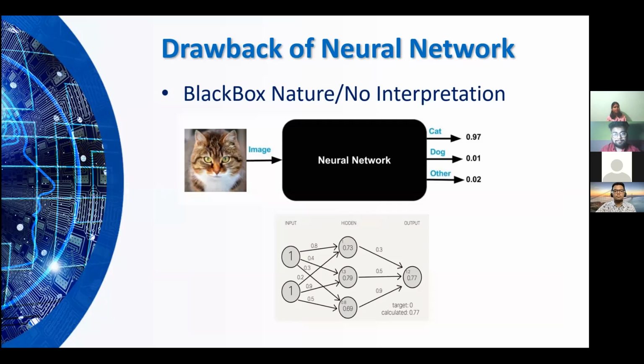Since these models are based on neural networks, they are a black box. We can't understand what's happening inside, how it learns. We just know that there is some mathematical formulation going on. It gets some weights, multiplies them with other weights, and then gives some numbers that have some significance.